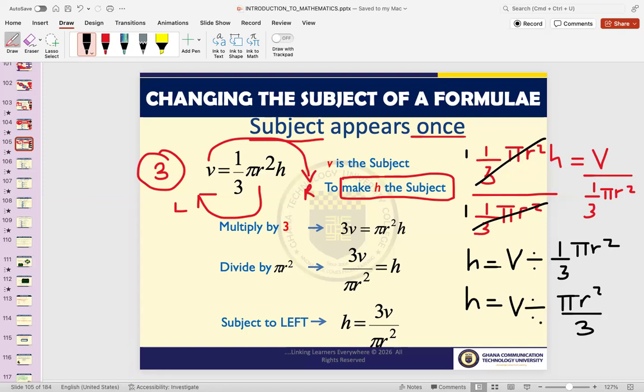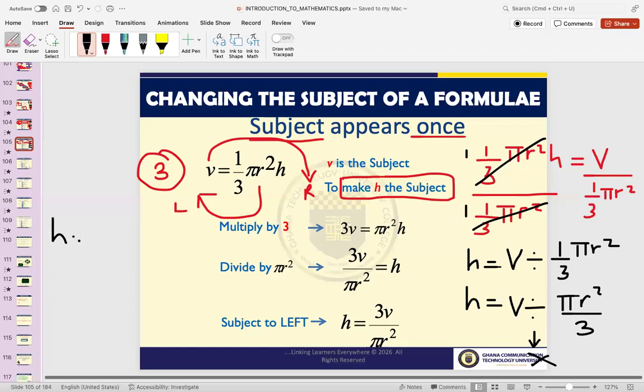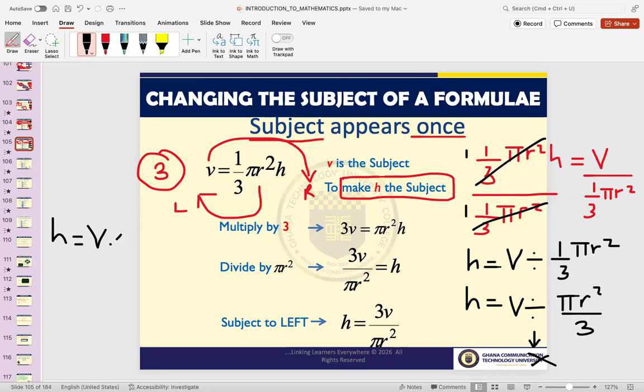Then you remember when we were doing basic maths, anytime you have division, you can change it to multiplication. That's what we want to do here. So let me continue. You have h is equal to v. We are changing the division sign to multiplication, the law of reciprocity. So once we change it to multiplication, then the 3 will move up.